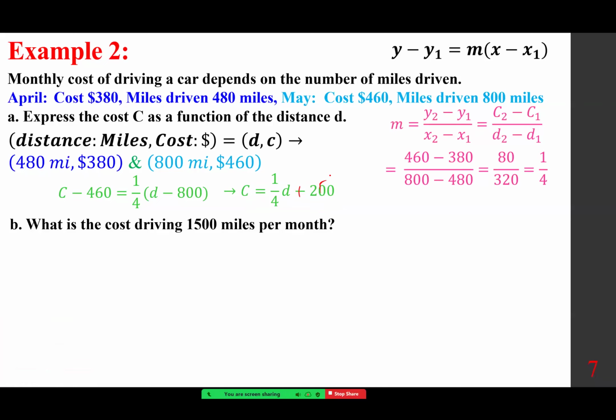What is the cost of driving 1,500 miles per month? So that means replace the d with 1,500.